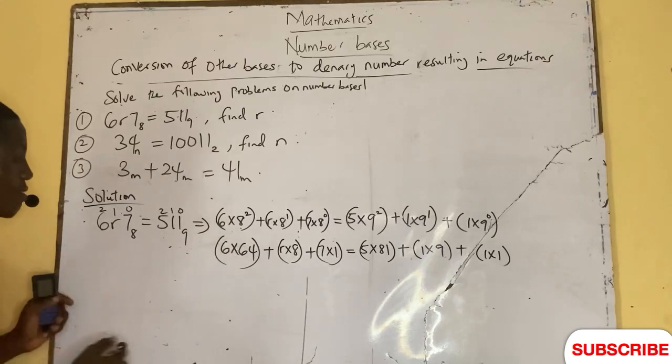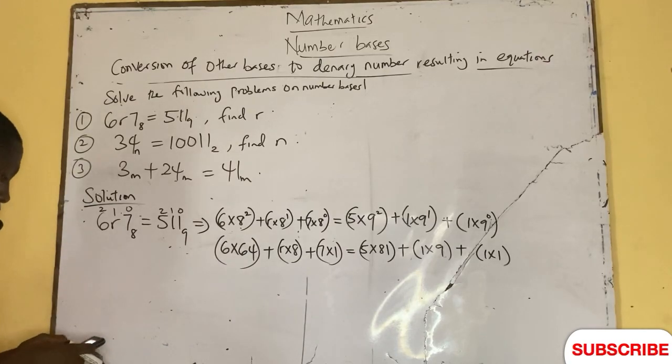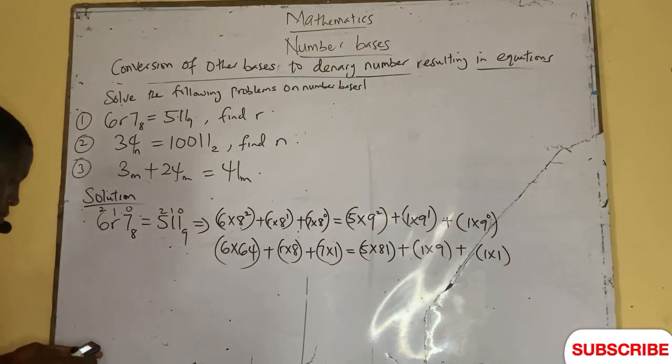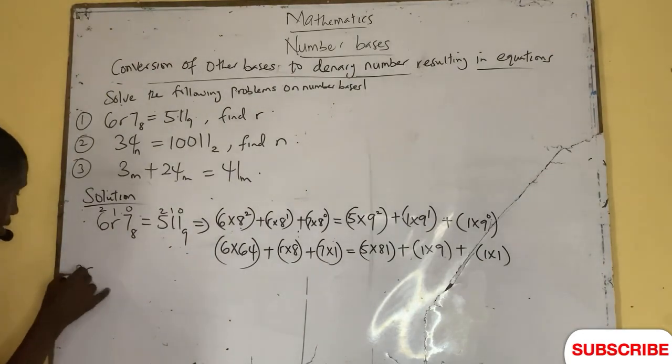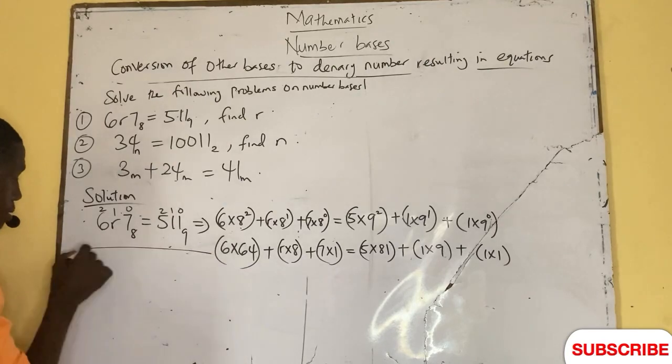We have 6 times 64. Let's quickly press that on your calculator. 6 times 64 gives 384. Please note that.